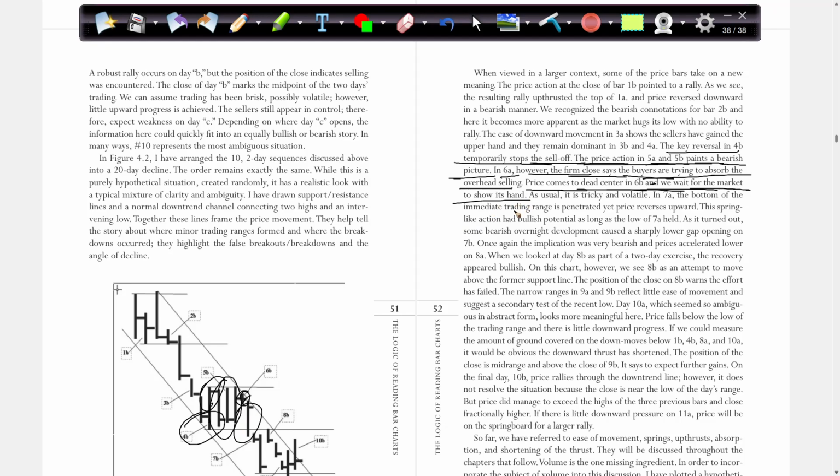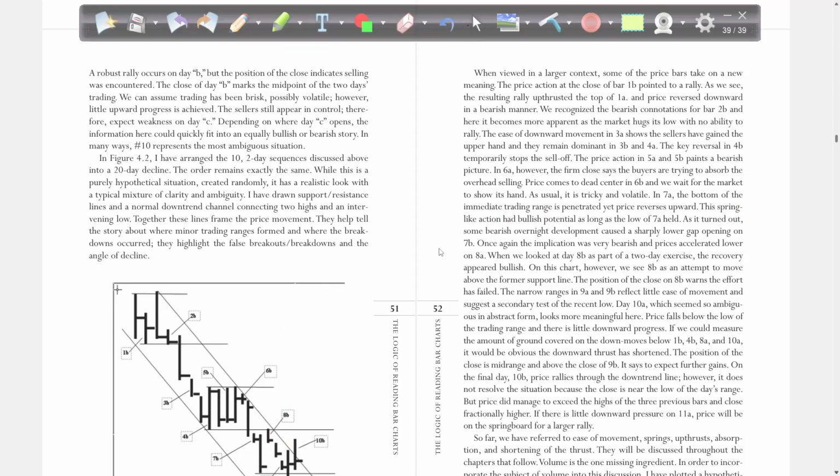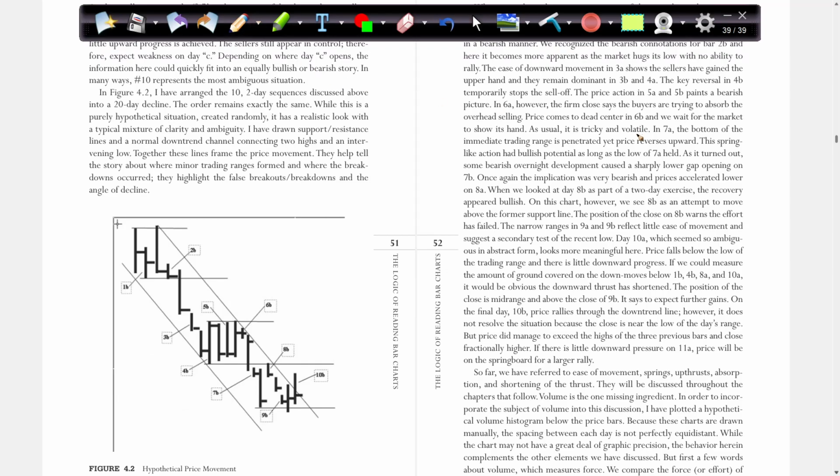As usual, it is tricky and volatile in 7A. The bottom of the immediate trading range is penetrated, yet price reverses upward. This spring-like action had bullish potential as long as the low of 7A held.